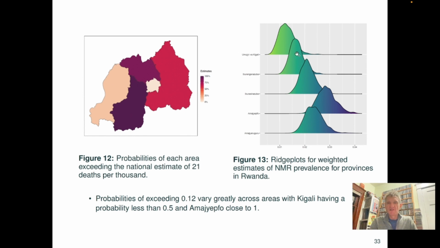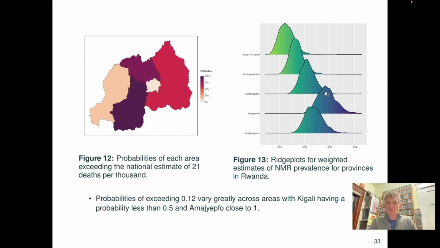So imagine we're drawing a line at 0.021 here, and we're looking at the amount of mass to the left of that point. That's the probability that it's less than. So the exceedance is 1 minus that.